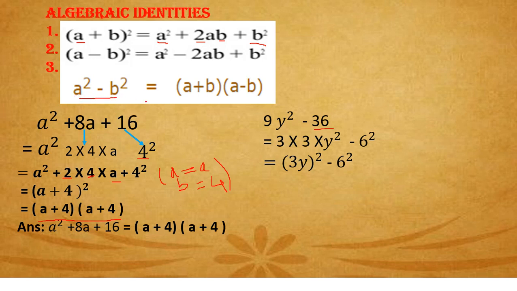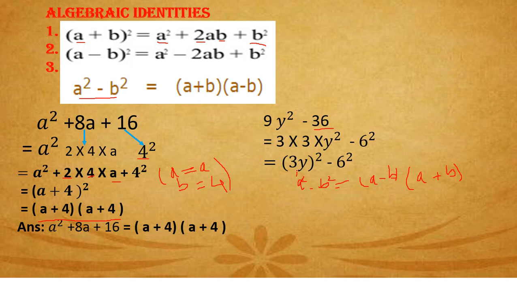Now here, on comparing this identity a square minus b square, we get that a square minus b square is a minus b in the first bracket, and in the second bracket we get a plus b.